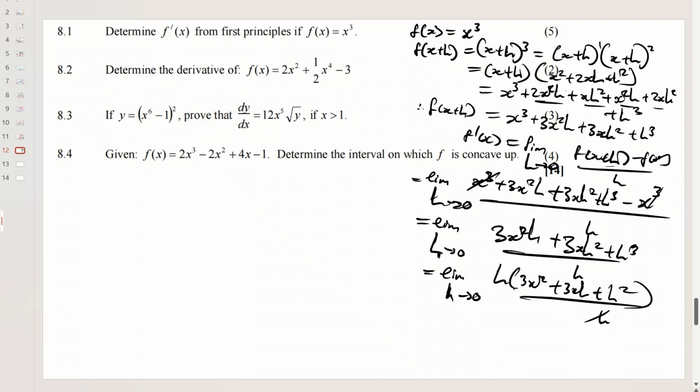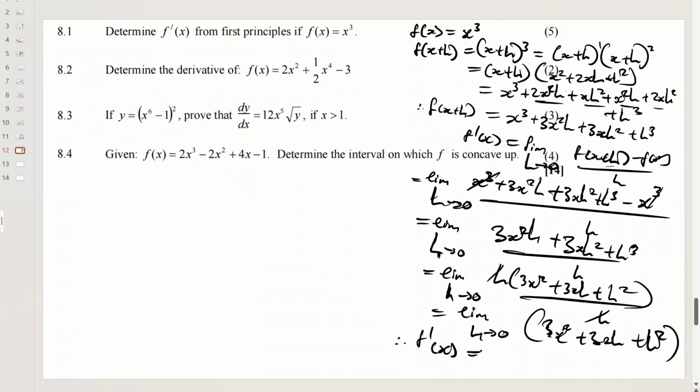Everything there, h will be top and bottom. So the limit as h goes to 0 of 3x squared plus 3xh plus h squared. These ones here are going to go away since you are replacing h with 0. So therefore, the derivative from first principles is just 3x squared. Isn't it?